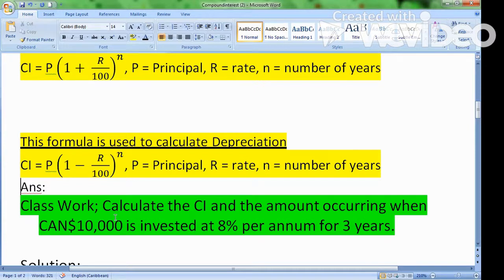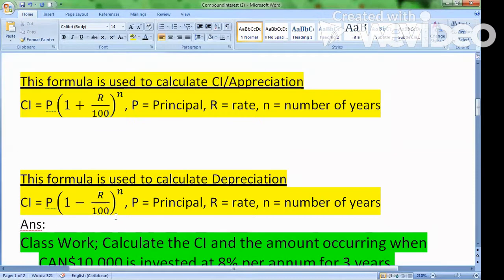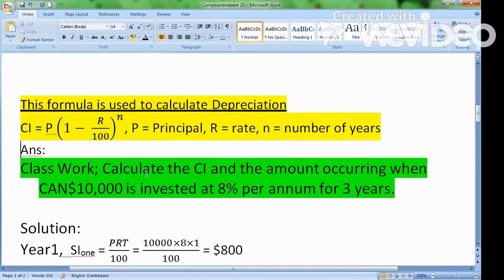So just a question. You're finding the interest, right? Well, the question says, calculate the amount occurring. So meaning that what is the final amount of money that you'll have in the bank? Oh. Right.